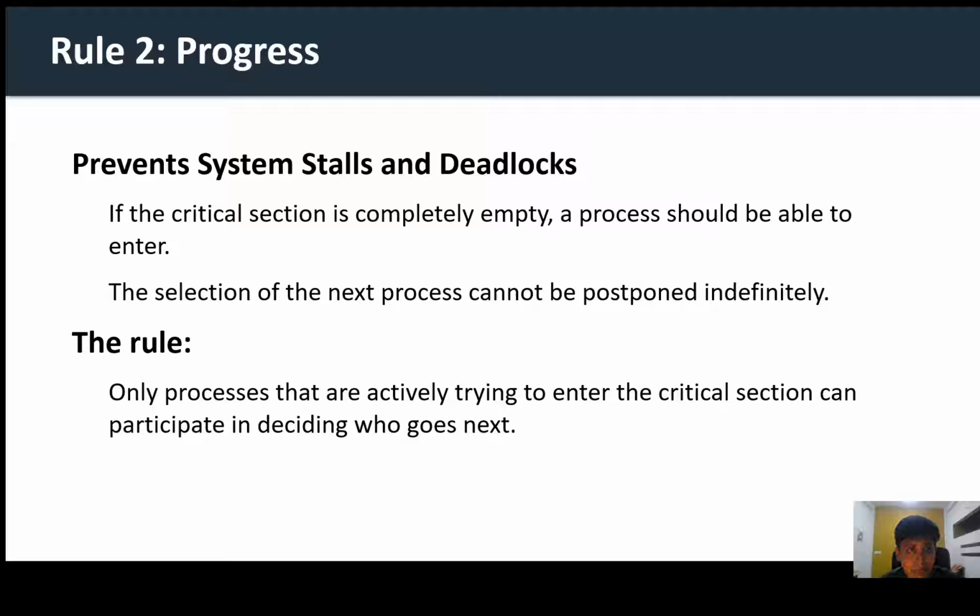So we have to execute the process C also, right? So it's just that thing, progress. You have to run processes again and again, and it's not like one process is just staying there, not running at all. What's the rule? Only processes that are actively trying to enter in critical section can participate in deciding who goes next, right?